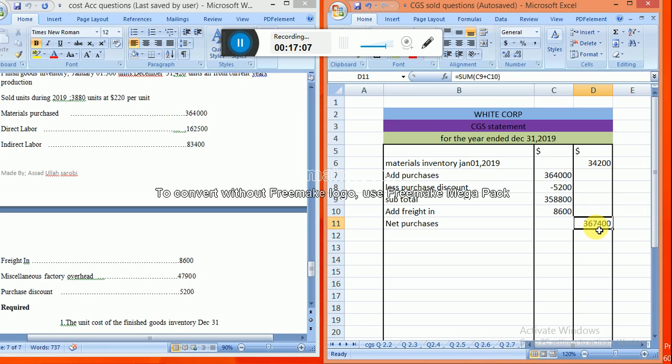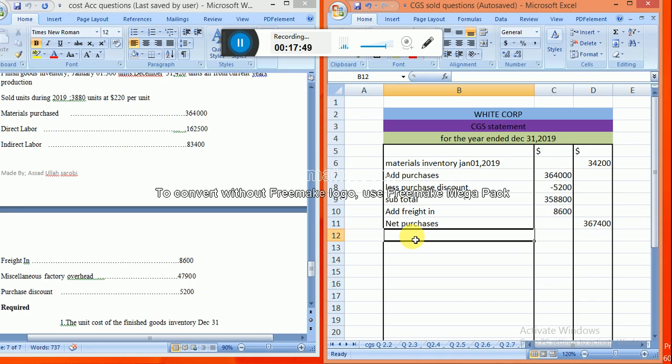It means that in the year 2019 we made the 3,67,400 materials, and the 34,200 materials that remained from the previous year. So now for the processing, how much cost of materials is now available for the processing?